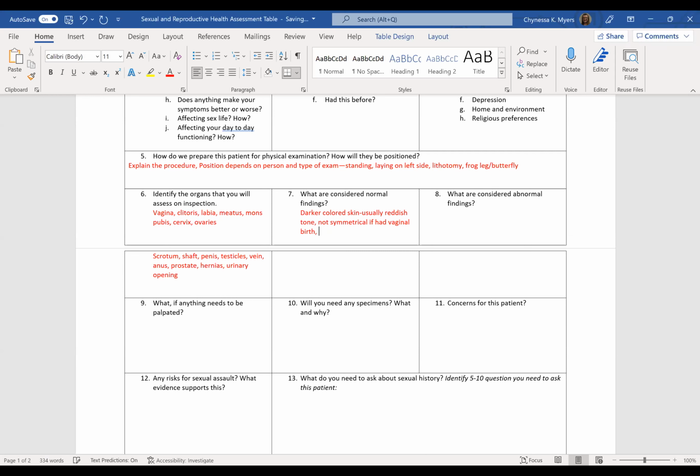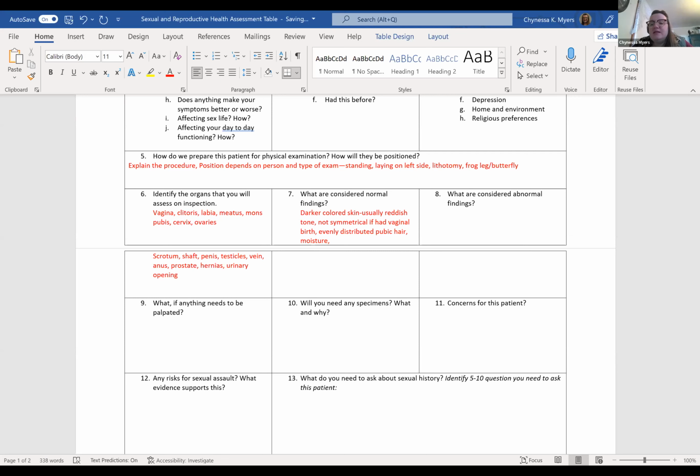Can have a scar. Yeah, we're looking at evenly distributed pubic hair. What about clear discharge? Yeah, that's one.